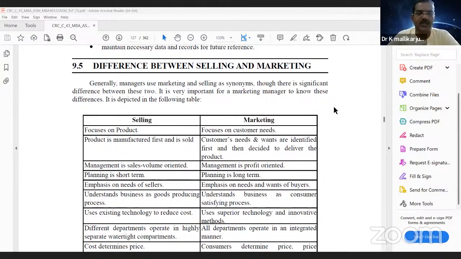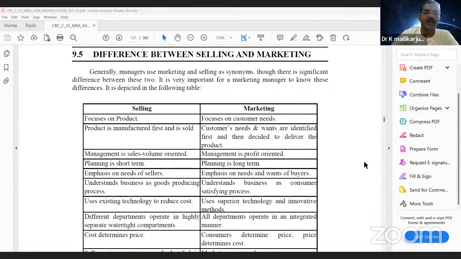The reason is that expenses are increased, raw material prices are increased, the manpower cost is increased, and advertisement expenses are increased. But in the marketing concept, the management is focusing on profit rather than sales.